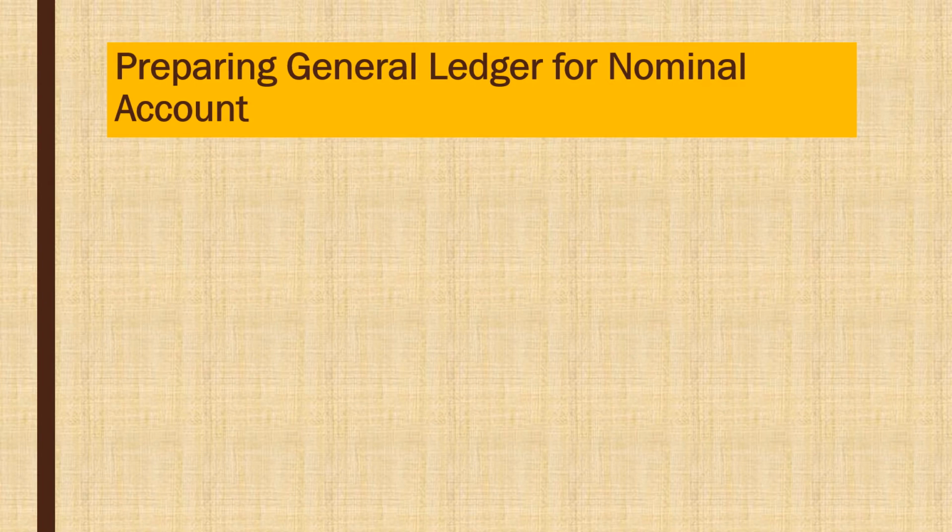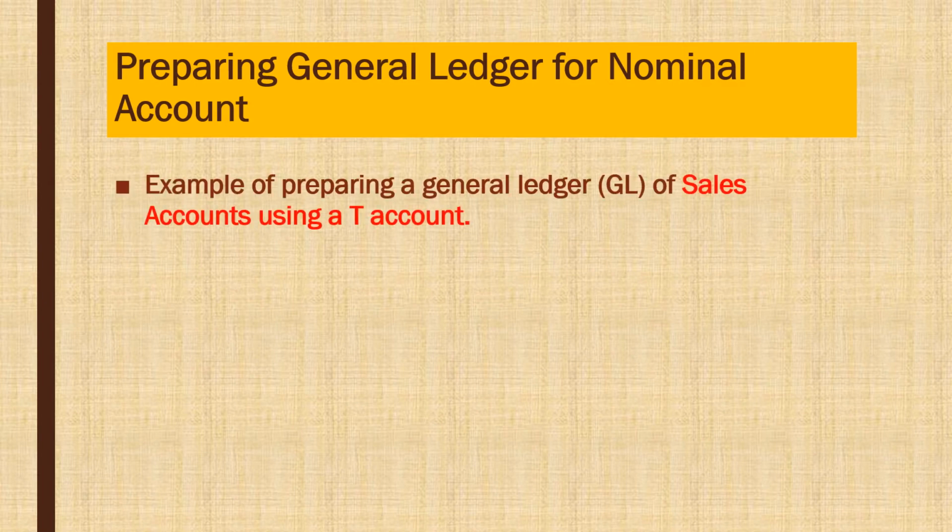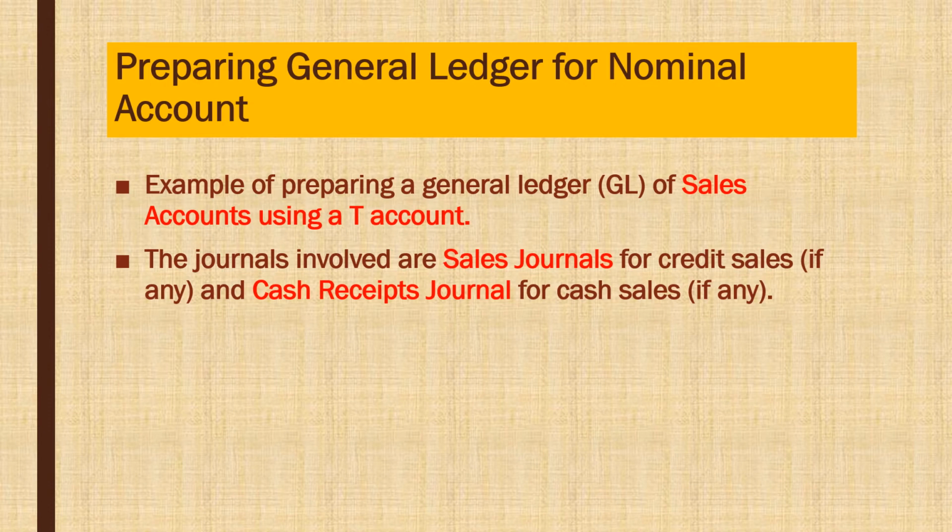Preparing general ledger for nominal accounts. I will show the steps of preparing a general ledger by taking an example of sales accounts using a T account. The journals involved are sales journal for credit sales and cash receipt journal for cash sales.